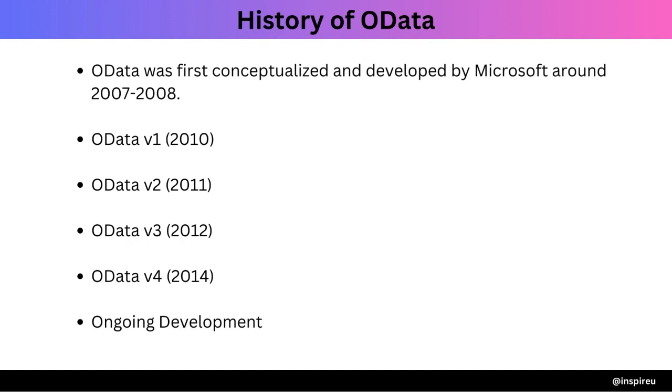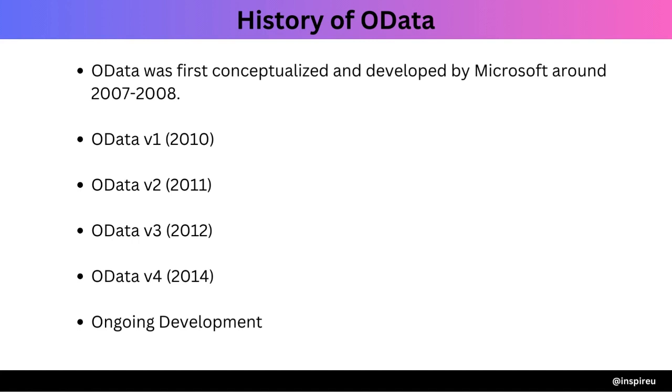The protocol evolved with version 2, introducing additional features and improvements. It enhanced functionality, including support for complex types, actions, and improved querying capabilities. Version 3 was a significant milestone, expanding support for more complex scenarios and improving the querying capabilities.